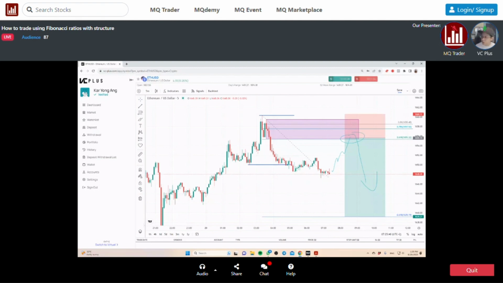Okay, so I see a question here. How would you advise if you find something conflicting in terms of the signals between RSI and such? Yeah, so you realize that I don't really use indicators. So of course, the more indicators you add on, you increase the chances where you might get conflicting signals, right?